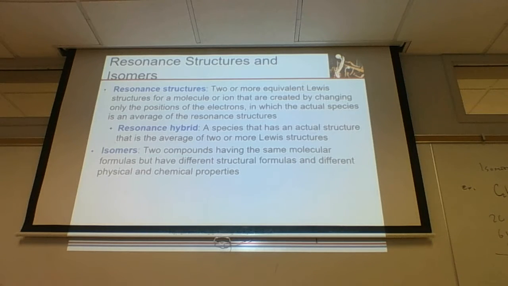Or sometimes carbon will form 3 single bonds like this. It forms 3 single bonds and no octet. It's very unhappy, but what would the charge on it be? +1. And so there are some unusual bonding arrangements, but typically carbon likes to form 4 bonds unless it's got a charge on it. And so these types of things we keep in mind when we're building Lewis structures.